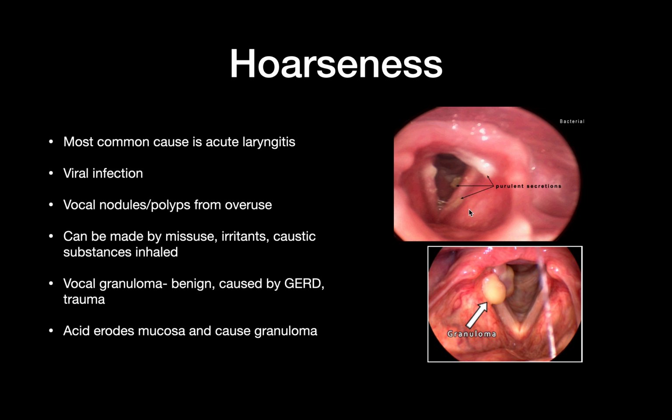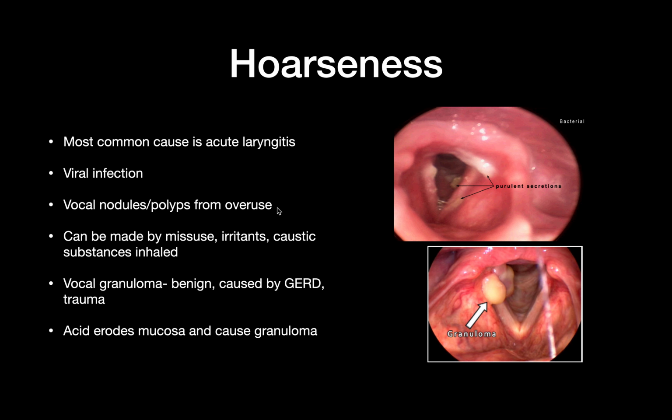On the other hand, you can develop vocal nodules and polyps from overuse, and these usually come from singers, Broadway singers, operatic singers, anybody who sings for a living, along with anybody who speaks dramatically for a long period of time, kind of like live play actors.